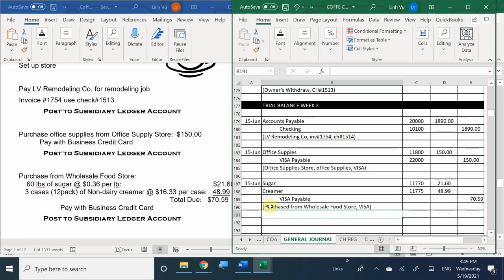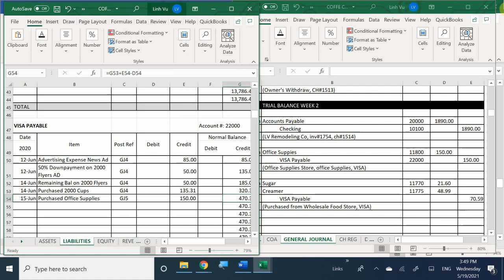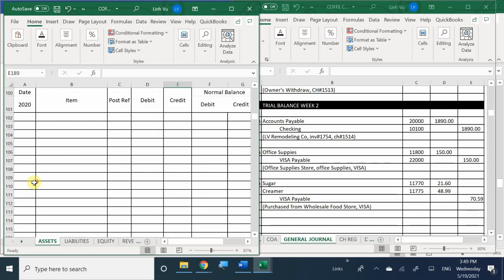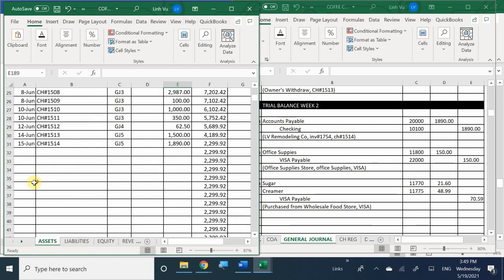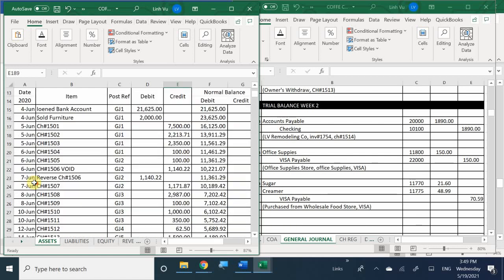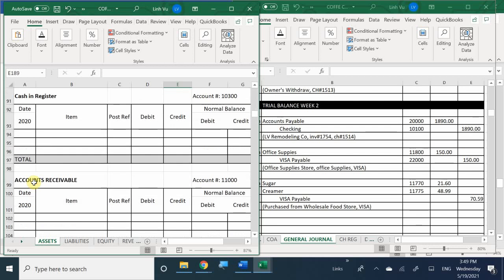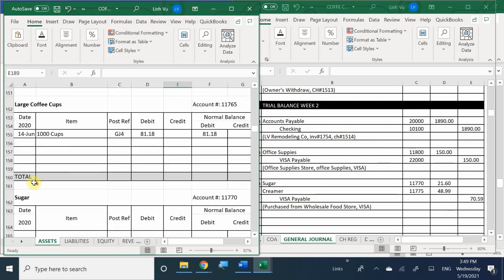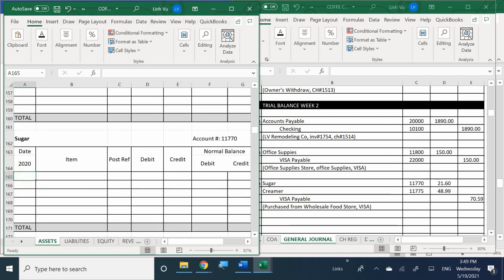And then we go to the ledger. We would go to assets, sugar, $163. Then it would be the date, 6/15, 60 pounds.